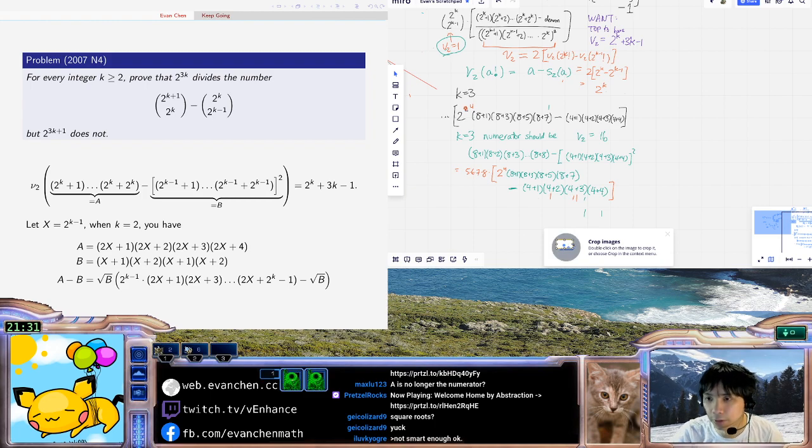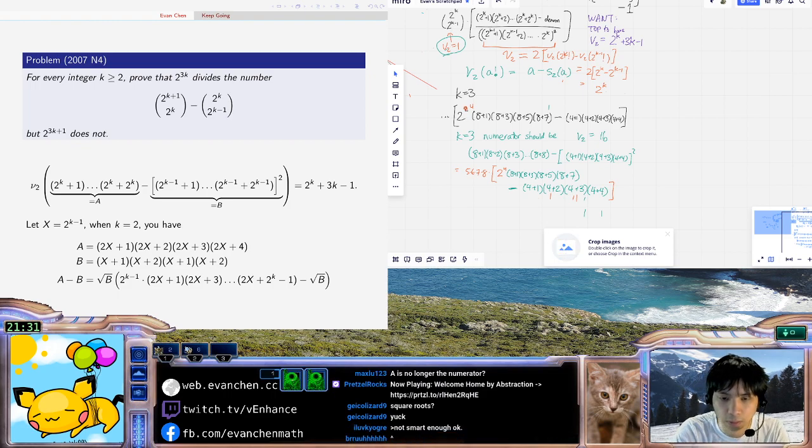Okay, so in the general expression, where did I mess up? I see, okay, this one should be 2 to the 2 to the 2 to the k minus 1. That looks more like it.